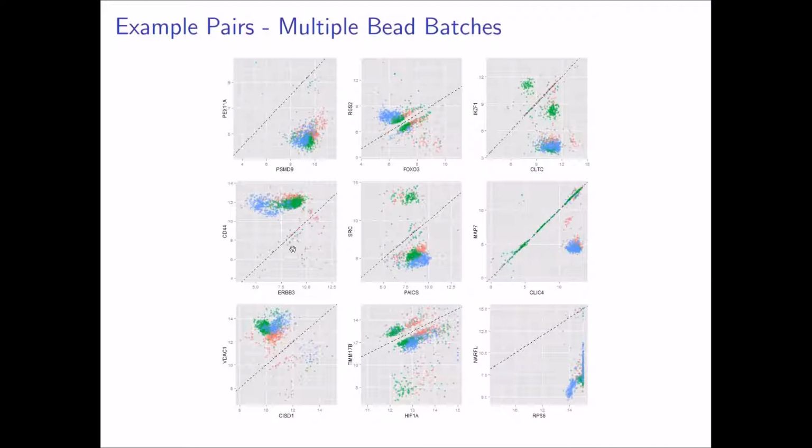One thing to notice here is this left center one, where the x-axis is one that I've talked about in the previous discussion meeting. It's ERBB3. It has two peaks if you look at just the expression level of that single gene. And bead batch B7 is the one that shows up as that secondary peak.